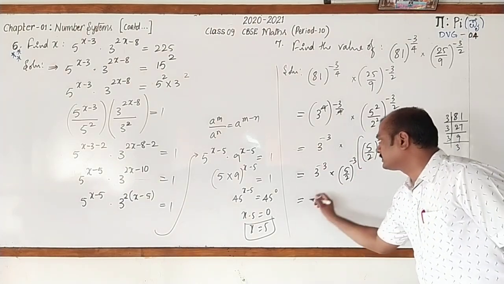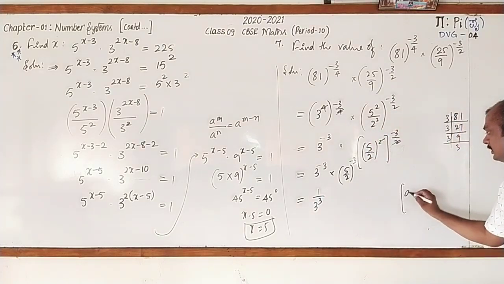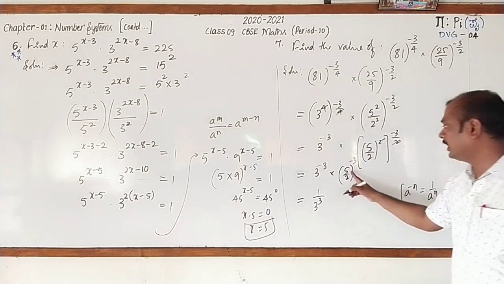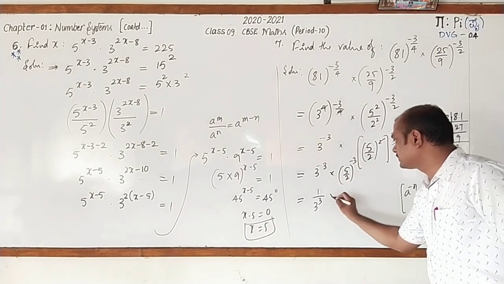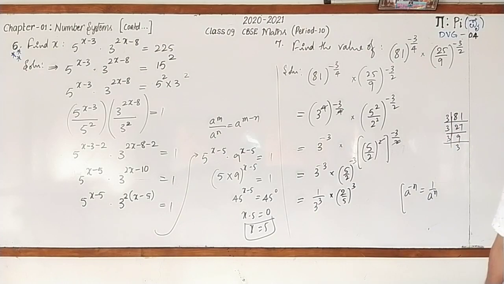This can be written as 1 by 3 raised to the power 3, because a raised to the power minus n is 1 by a raised to the power n. And this is 5 raised to the power minus 3 is there. You can go for taking this as 2 by 5 whole raised to the power 3. The reason is, if a by b whole raised to the power minus n is there, this can be written as b by a whole raised to the power plus n.